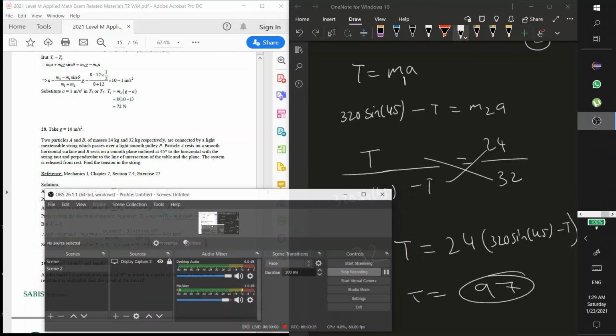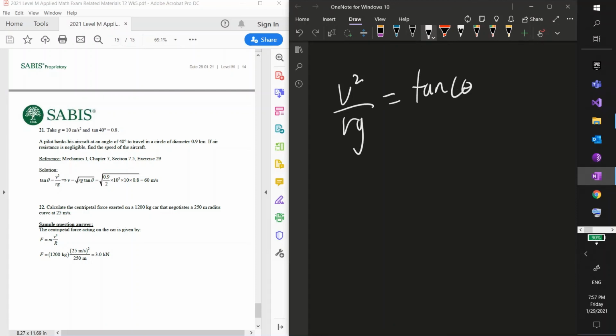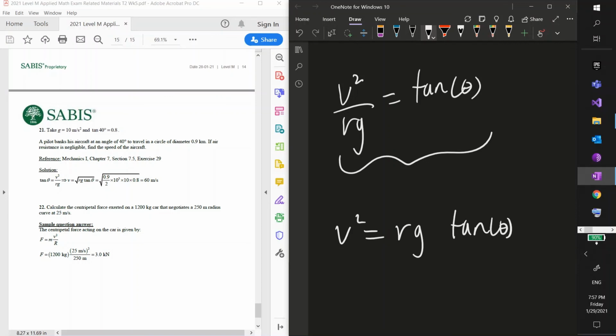So question 21 is a straightforward question about a pilot banking, meaning you use this equation. You just input the numbers. Rg tan theta. Your theta is 40, your g is always 10. For your r, you have 0.9 kilometers as a diameter.